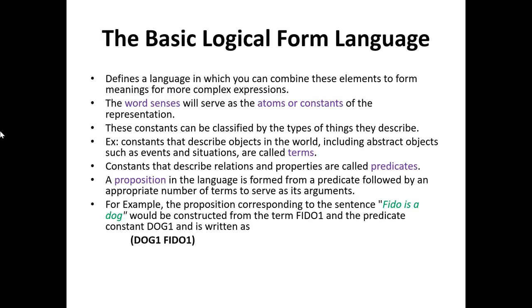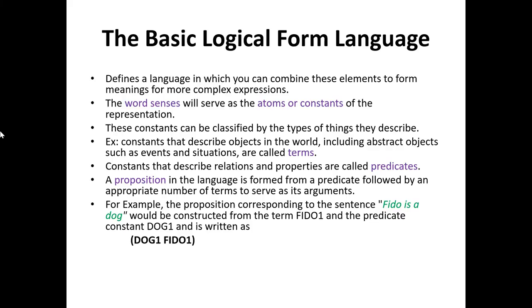As I said, the basic logical form language lets you combine these elements to form meanings for more complex expressions. The word senses serve as the atoms or constants of the representation. These constants can be classified by the type of things they describe. Constants that describe objects in the world, including abstract objects, events or situations, we call terms. Constants that describe relations and properties are called predicates.